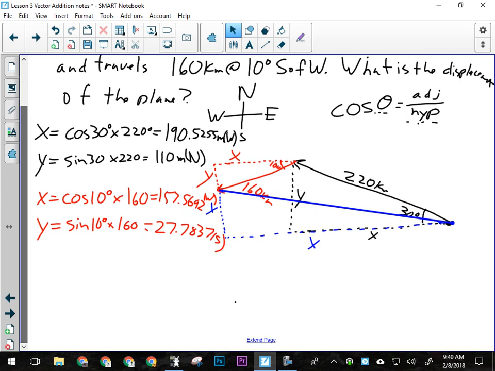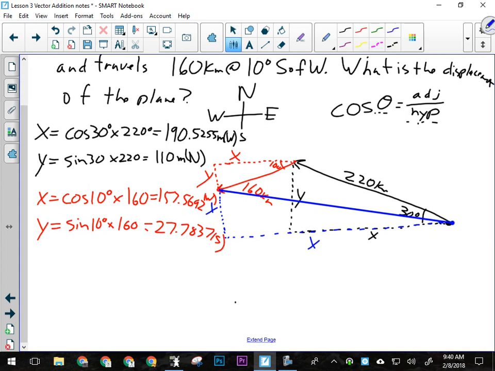Okay. All right, so if I want to find blue x, both the x components went west. So I can just add them together and get the total amount west that this object went. Everybody okay with that? All right, so I'm going to take my 190.5255 and add it to the 157.5692.